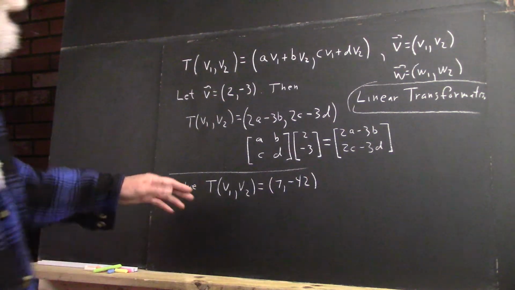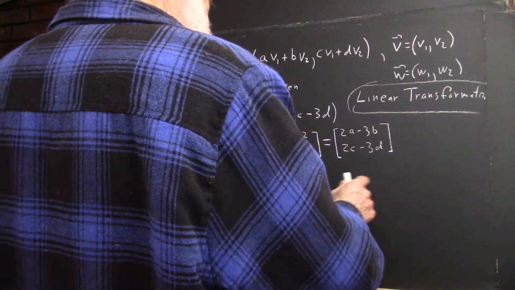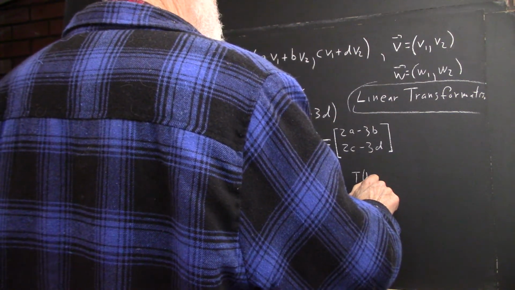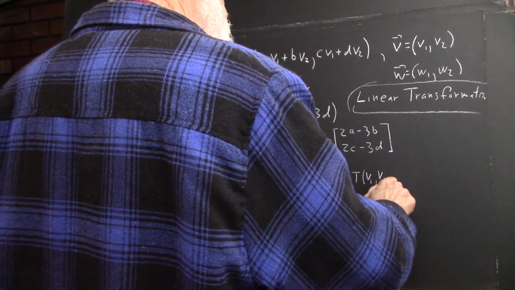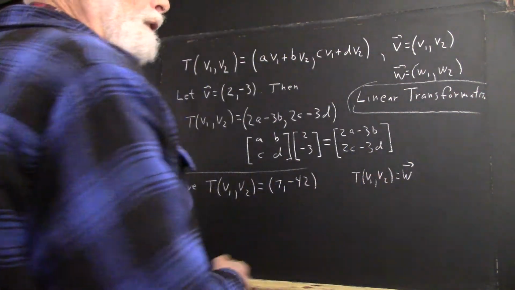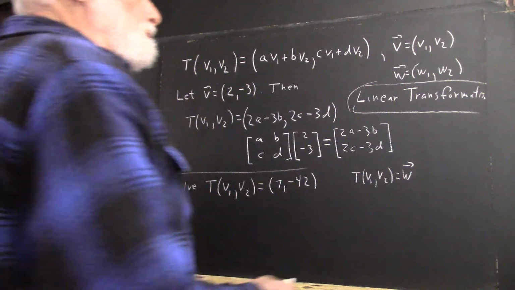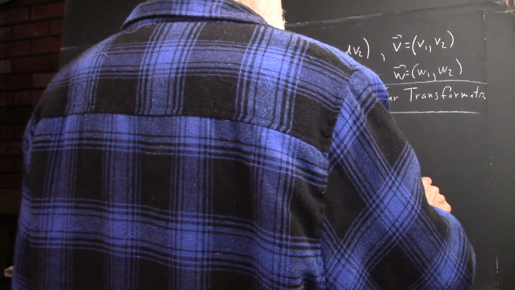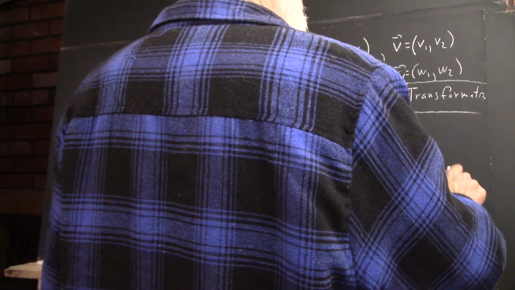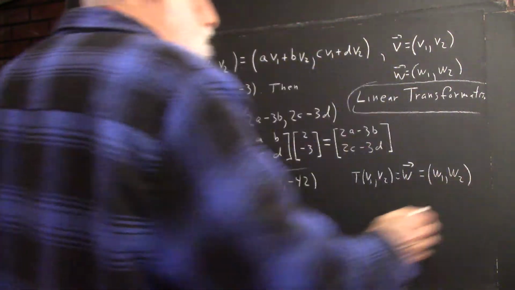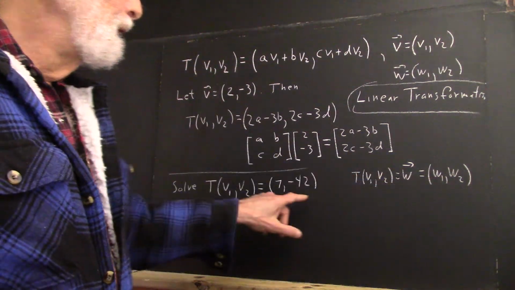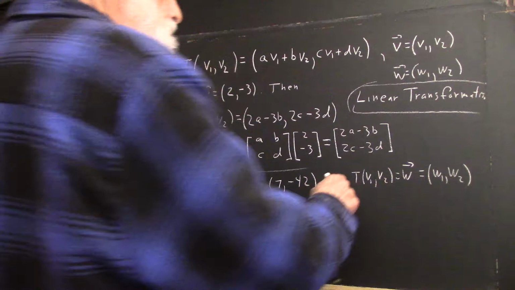So this is a matrix equation: T of (v1, v2) equals w, which equals the ordered pair (w1, w2), where now w1 is 7 and w2 is -42.